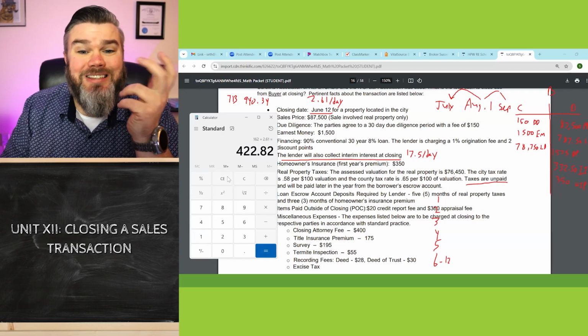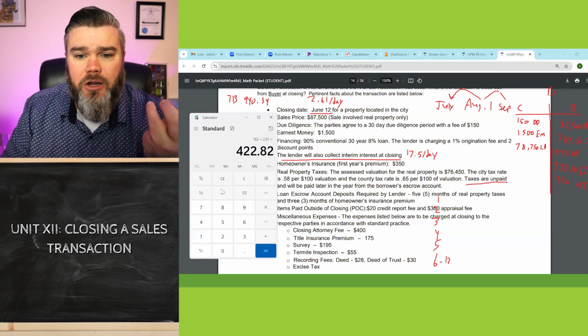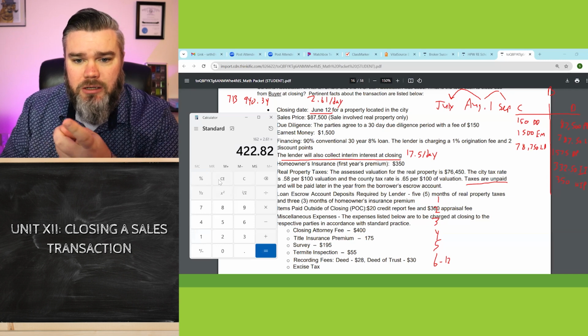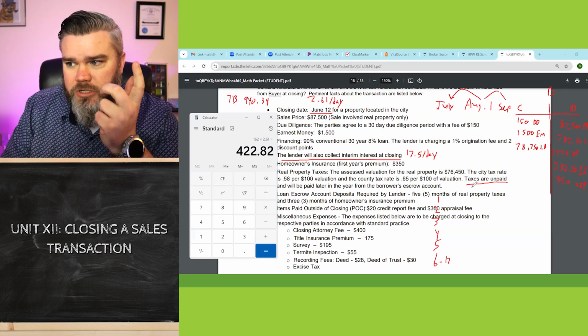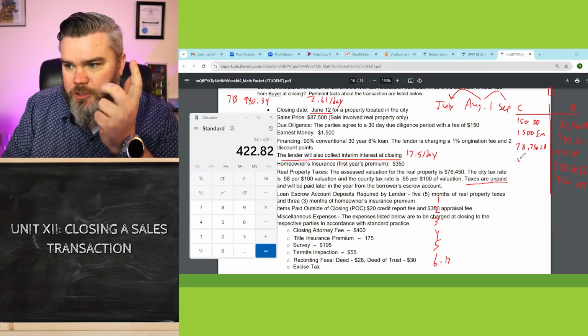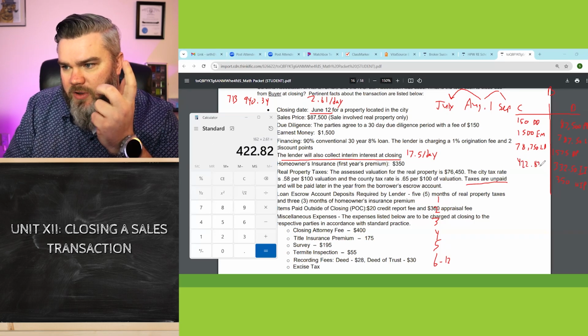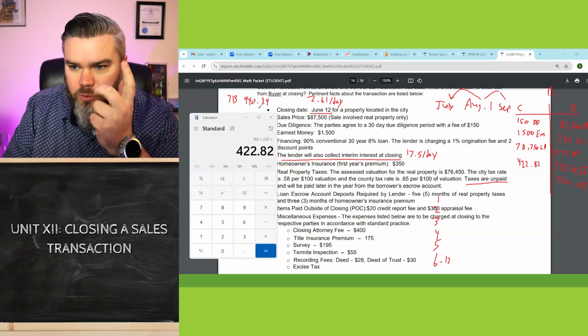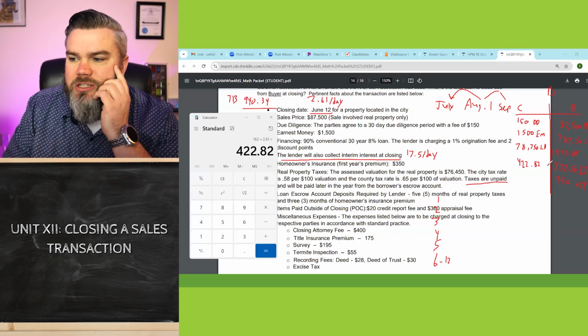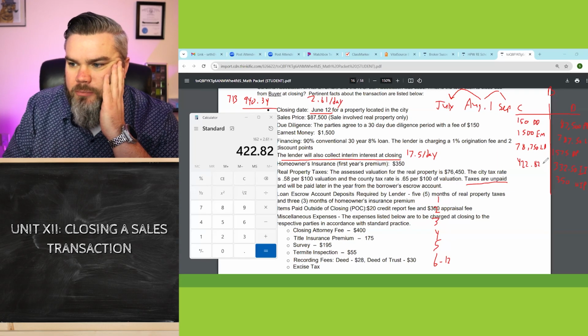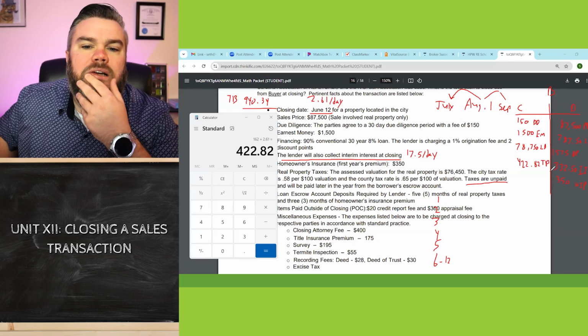And so this would be a seller debit, buyer credit. So we're not really focusing on the seller, but we are going to put these tax prorations under the credits for the buyer, because this is how we make it fair. Because the buyer will pay this full tax bill later in the year, but it's fair because the seller gave them their portion. I'll put this as tax prorations.